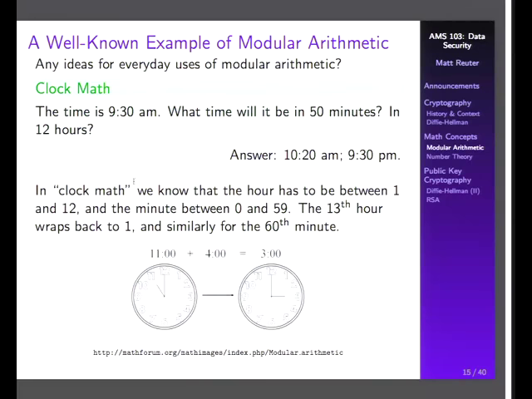This is something that we're all very familiar with, but this is just modular arithmetic. Take your minutes, add them, and take whatever comes out and put it back between 0 and 59. And if we need to fudge the hours part to make that work, so be it. Same thing with the hours. If we add 3 hours to 9:30, we would get 12:30. We added 4 hours, we wrap back around to 1:30.